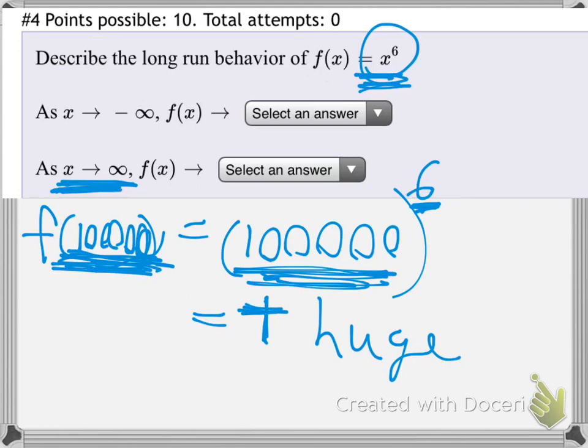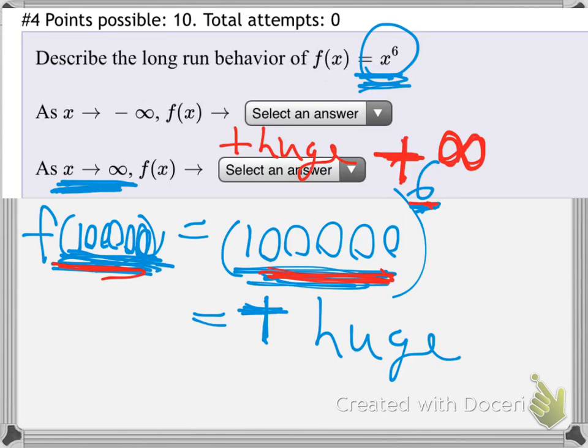And that's the way we'll express this: in our minds we'll say positive, huge. If they ask us specifically what that means, all we've got to say is, well, I know it's going to be positive because I don't see any reason for it to go negative, and we'll say it approaches positive infinity. Because again, the huger the inputs are getting, the huger the outputs are getting, even huger actually, because they're the 6th power of the inputs.